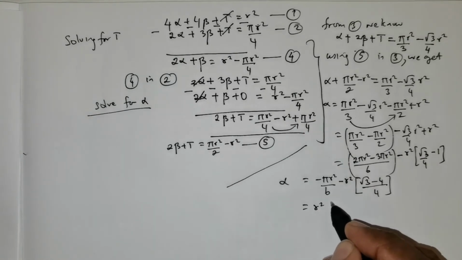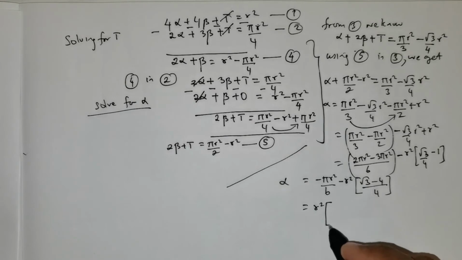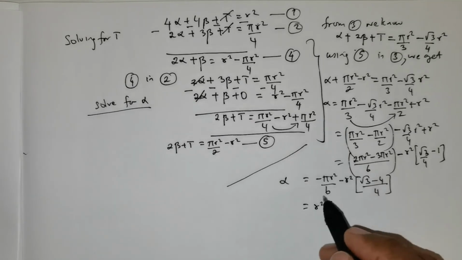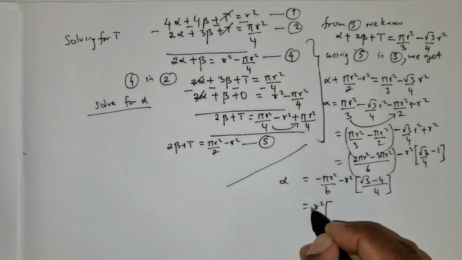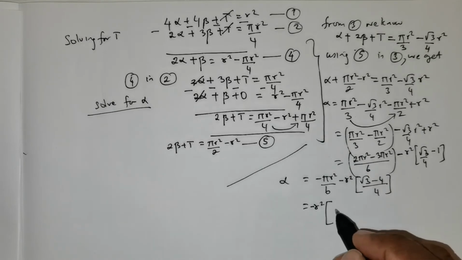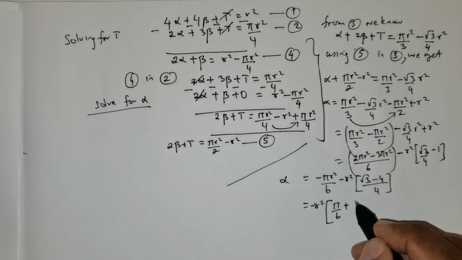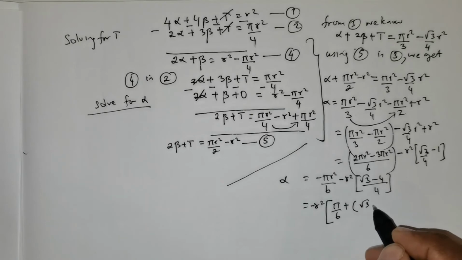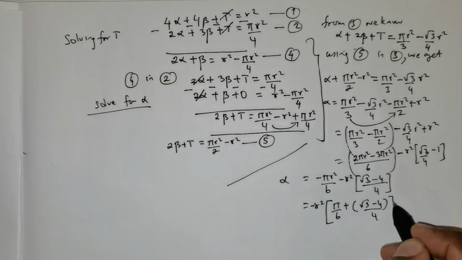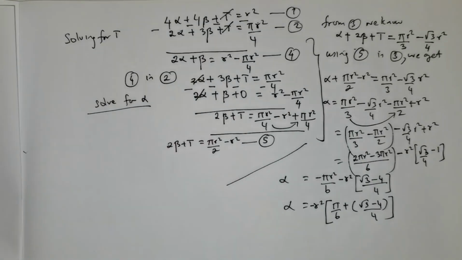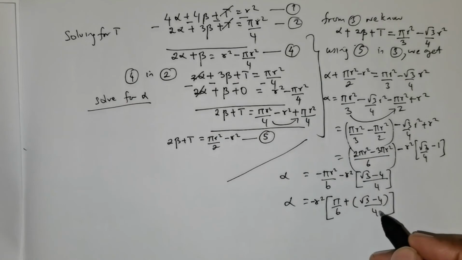Now I can take r squared out and rewrite it. Of course we have a negative sign, so I can place the negative sign out and write this as pi over 6. Since I've taken a negative, this will be positive, so positive root 3 minus 4 divided by 4. This is the value of alpha.